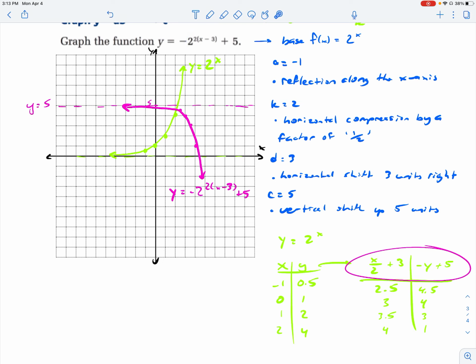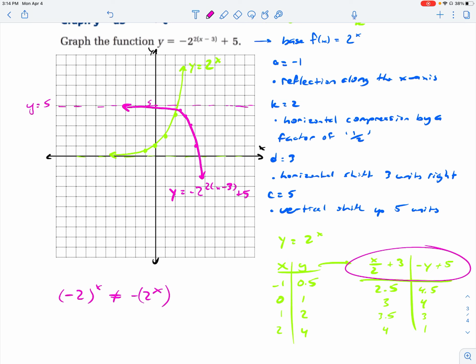So really make sure you keep that negative separate. Because this is not equal to this. Those are not the same thing. Because this actually means this. They're not the same thing.